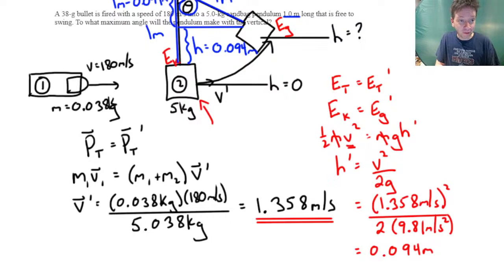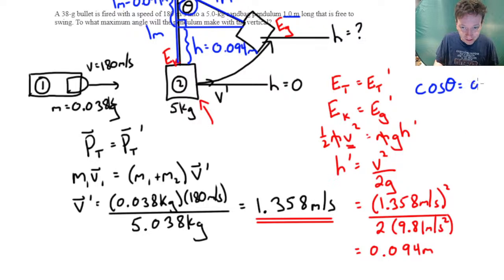Now, if we look at this right angle triangle, knowing adjacent and hypotenuse, we can use cosine. So the cosine of theta is adjacent, which is 1 minus 0.094, over 1.